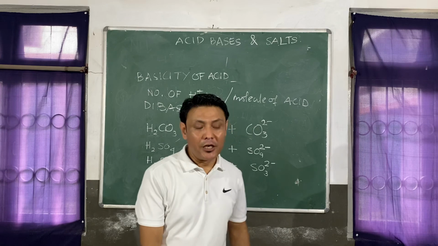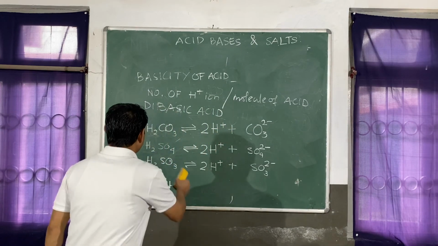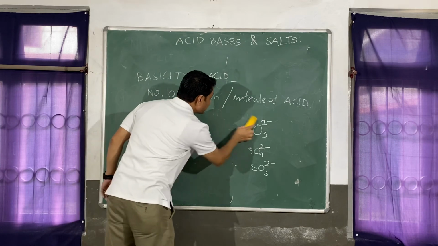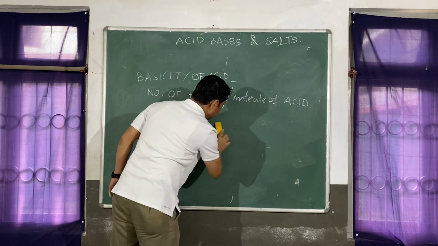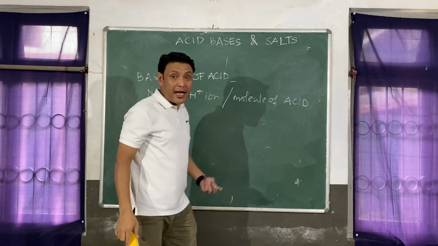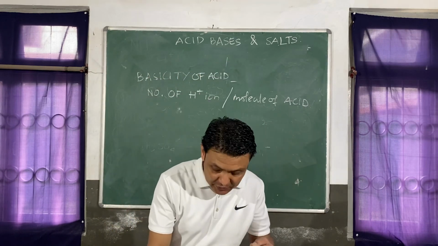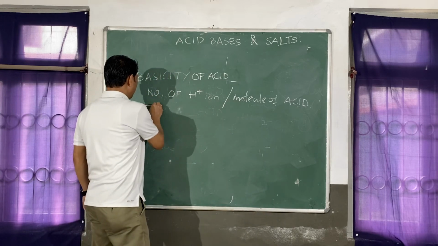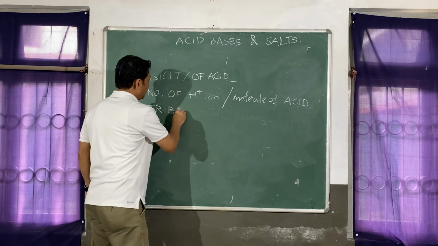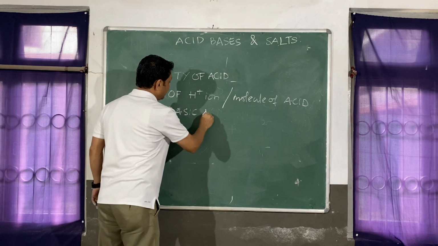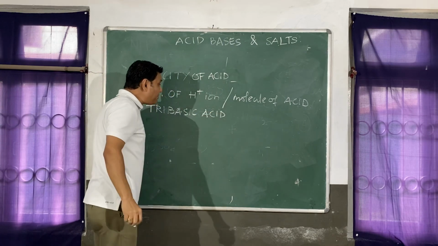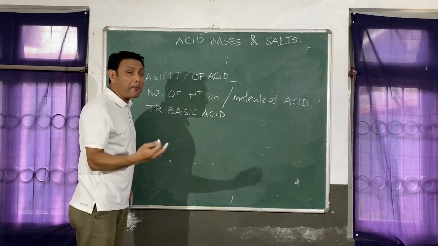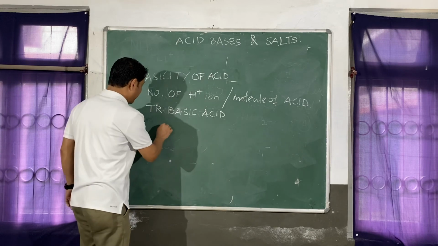Now we talk about tribasic acid, okay? Tribasic acids are those which produce 3, as the name implies. Mono means 1, di means 2, tri means 3. So tribasic acids are those which produce 3 ions of hydrogen per molecule of the acid.